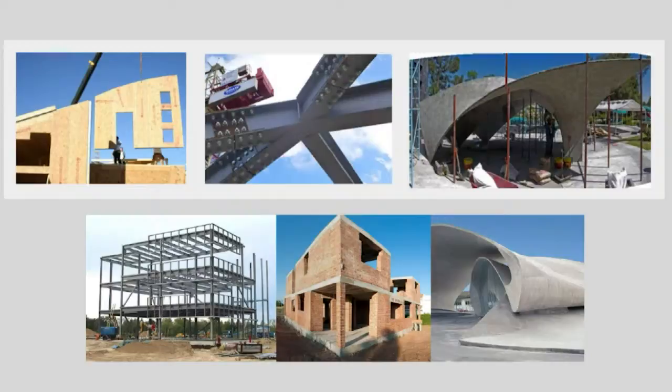The final 3 images I have here also show 3 different materials, but what I'd like to particularly think about is the difference in the form caused by the choice of material. So on the left-hand side, the material choice is steel, and we have a frame building, and you could imagine a lot of open spaces in that building.